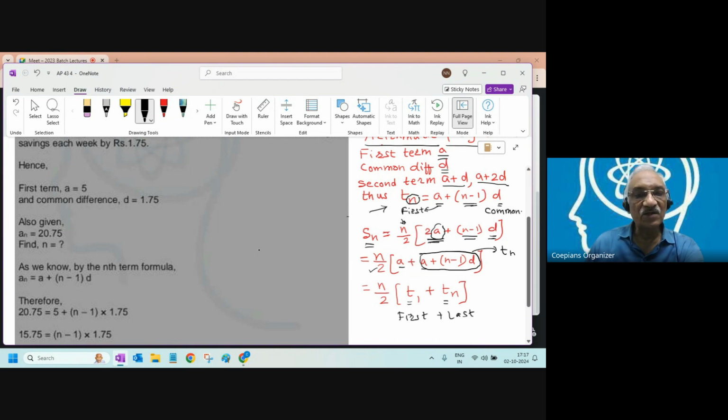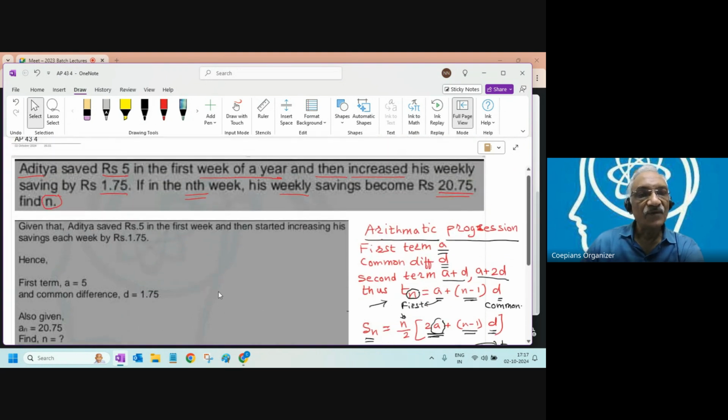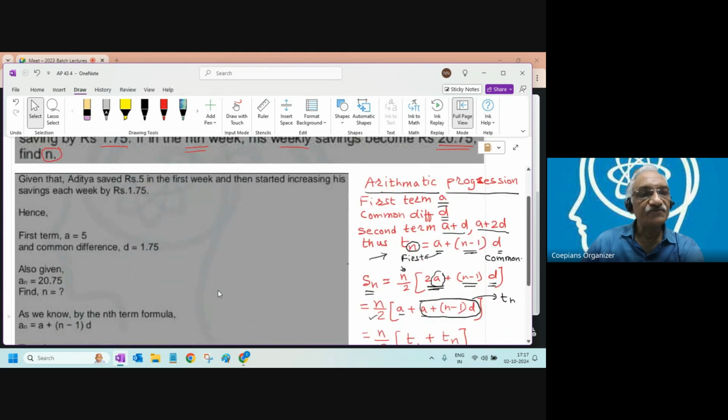So with this in mind, let's look at the problem that we have here. The solution is listed here. We are given that Aditya saved rupees 5 in the first week and then started increasing by 1.75.